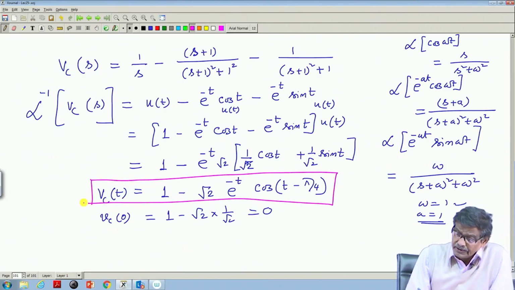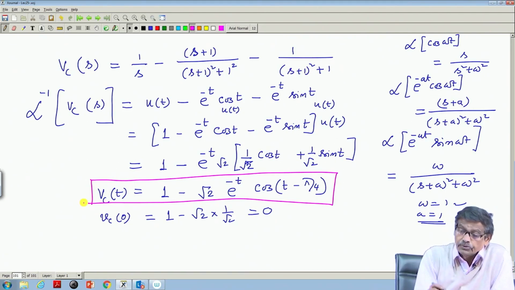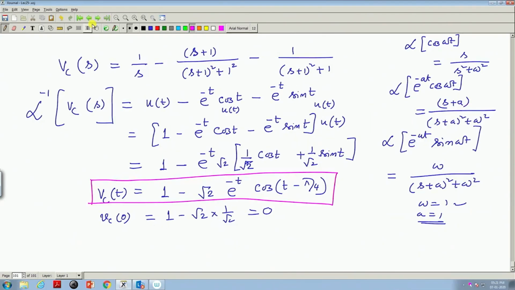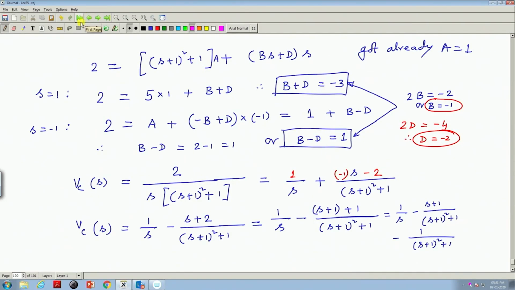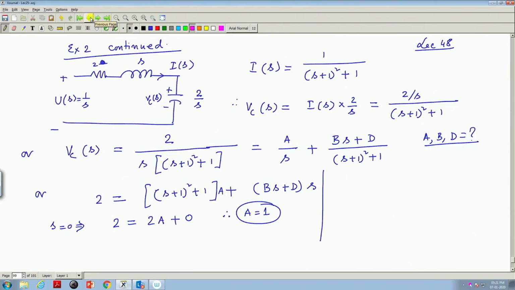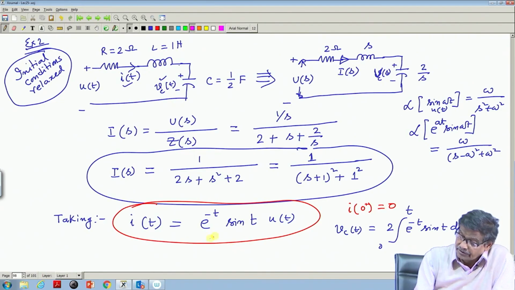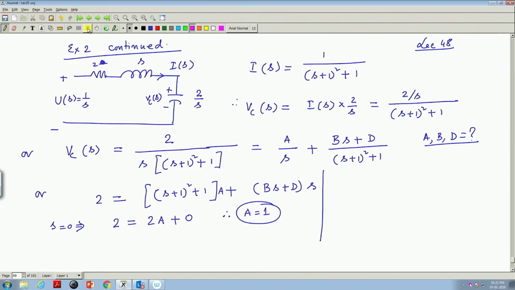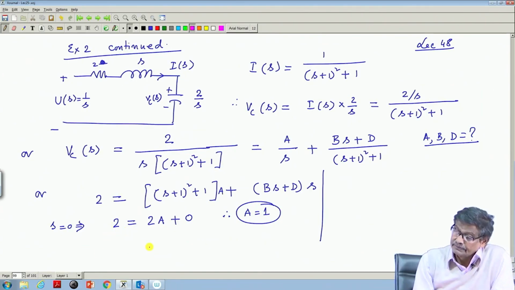And if you sketch the capacitor voltage for example 1 and example 2, which I have not done for the first example, in the first example, that is example 1, we have got this to be the solution I t, and then V c t I got to be like this. Where is V c t for this?